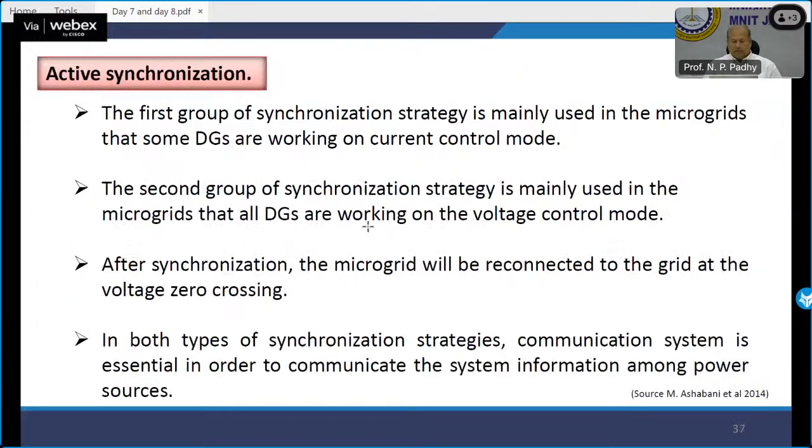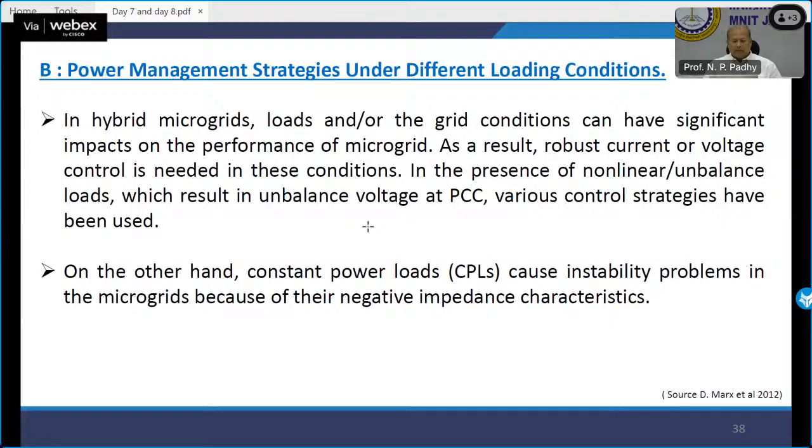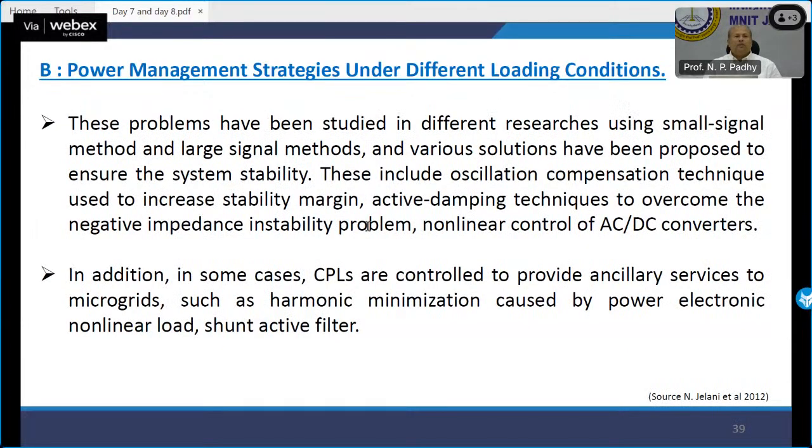So this problem is studied using small signal methods and large signal methods. All right. And various solutions have been proposed to ensure the system stability.